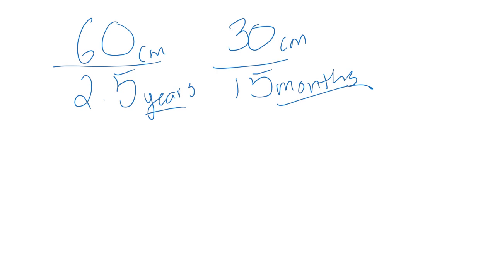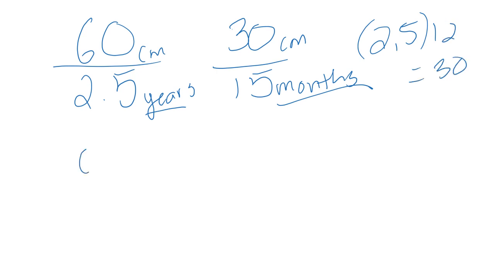Or I could say, how many months is 2.5 years? I like it that way because then I would be multiplying. So there's 12 months in a year. So if I want to figure out how many months is 2.5 years, I would just do 2.5 times 12, which would give me 30.